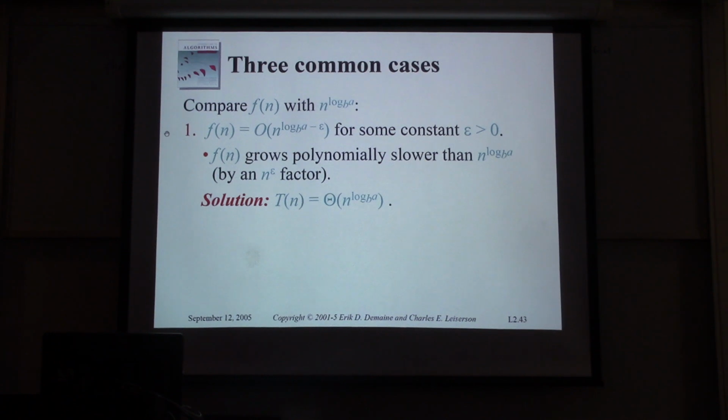So n to the log b of a minus epsilon is polynomially bigger, and f of n is polynomially slower, because we had to subtract a positive from this exponent just to make them equal.